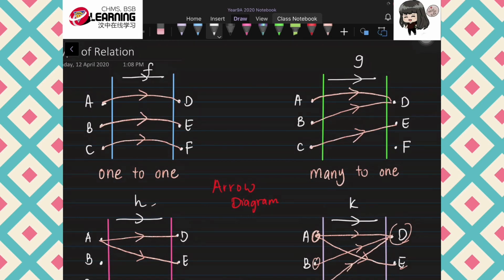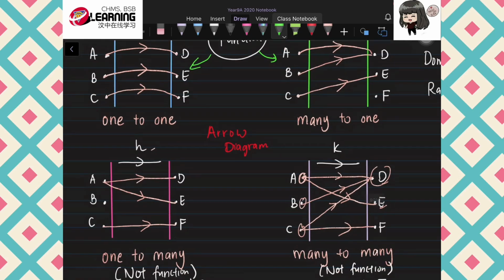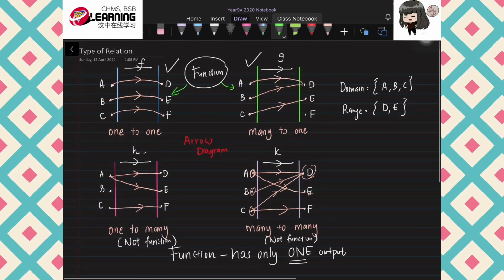But the relations of F and G are called functions, because both of these relations have one output. Okay, so functions are only for F and G, and not for H and K. Okay, so relations of F and G, which are one-to-one and many-to-one, are called functions because they have only one output.